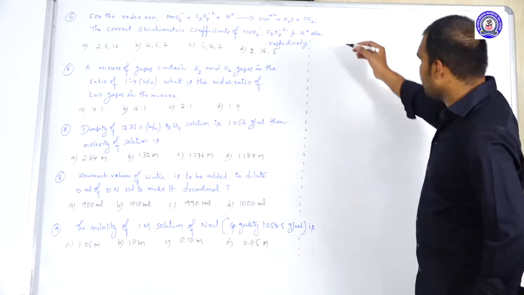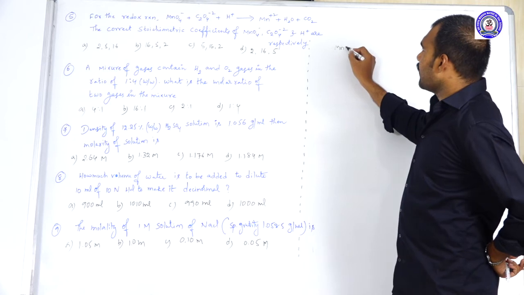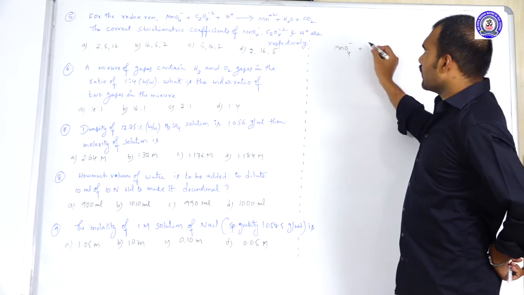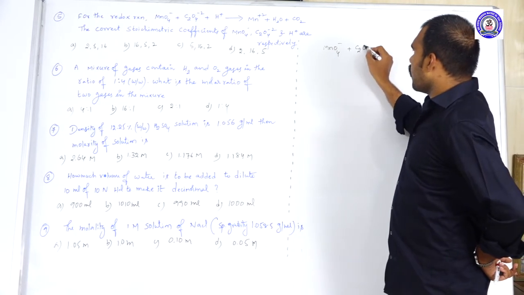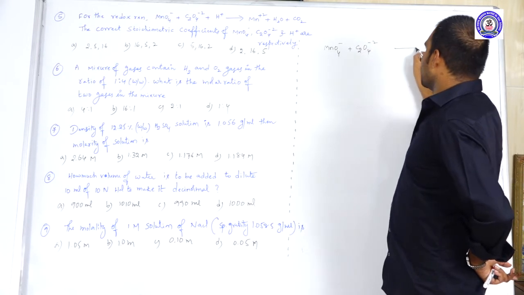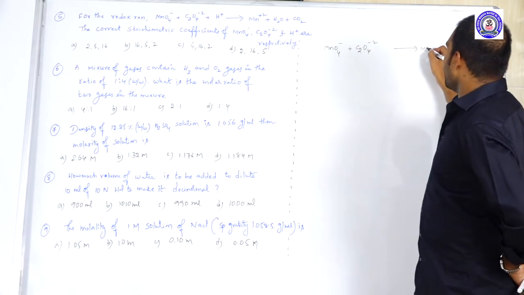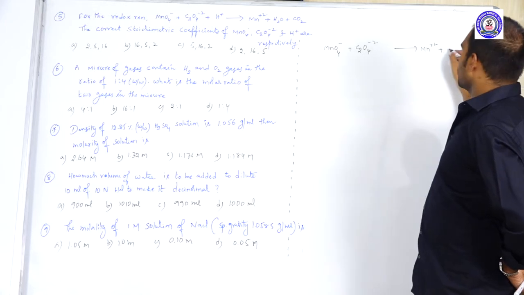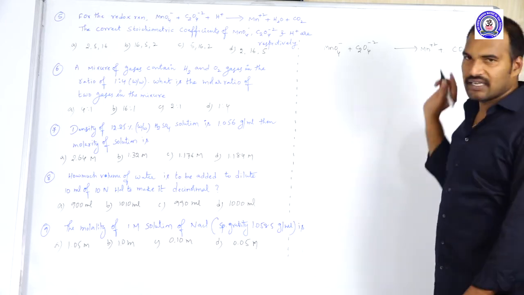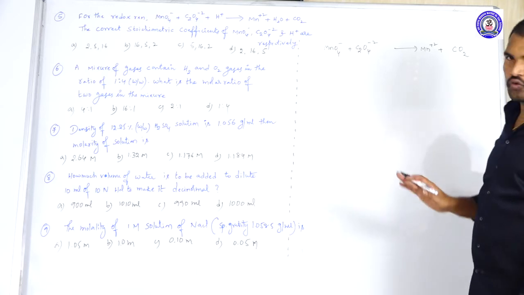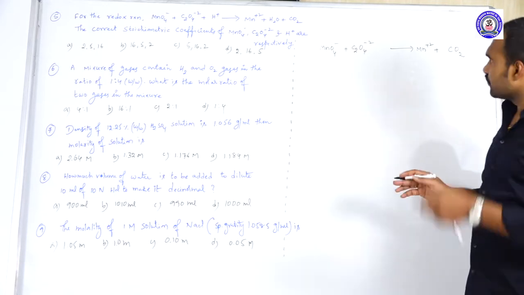So for that I am taking here, first I am taking MnO4 minus plus C2O4 minus 2 giving Mn plus 2 plus CO2. Oxalate always will come out as what? CO2 guys. Okay, now what are the steps?